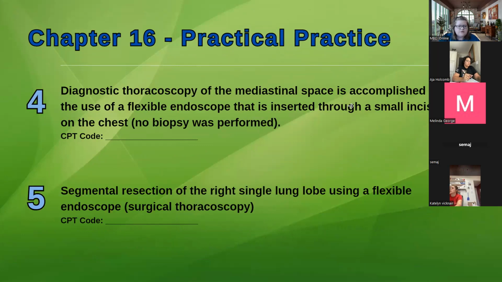All right, so number 4: diagnostic thoracoscopy of the mediastinal space is accomplished with the use of a flexible endoscope that is inserted through a small incision on the chest. No biopsy was performed. So a diagnostic thoracoscopy via endoscope.